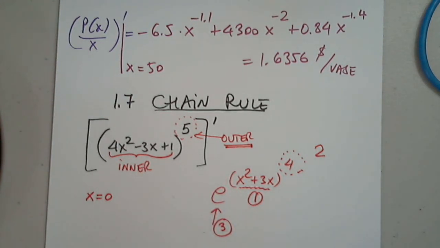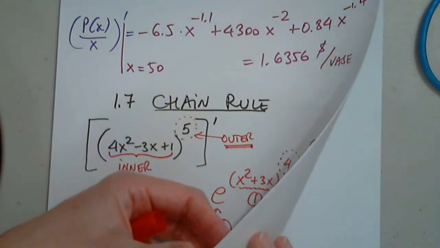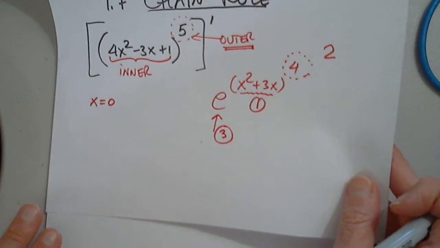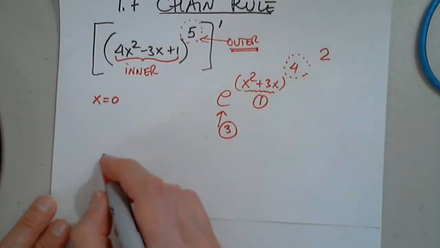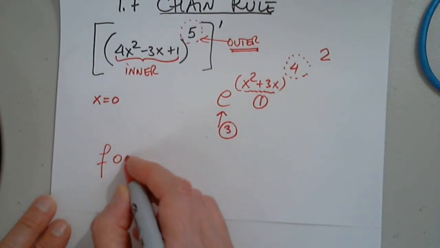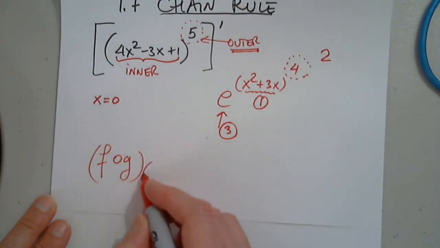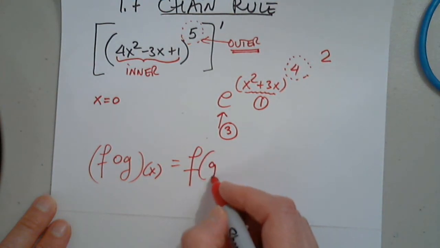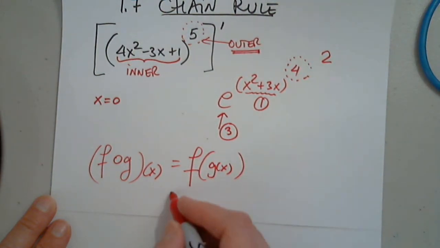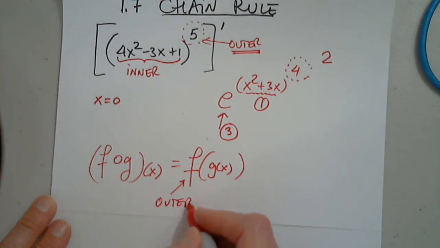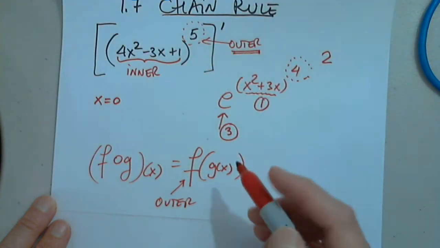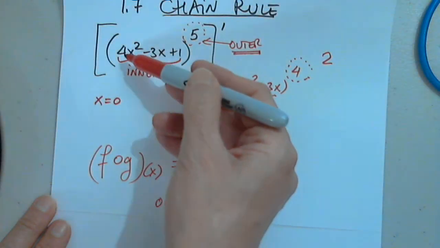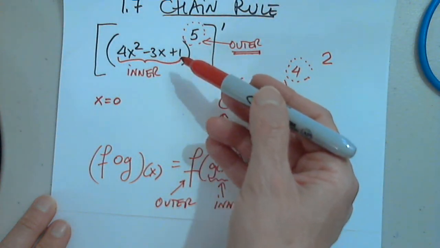Okay, what do we do with this? Once we establish which one is the inner and which one is the outer, here is how we are going to differentiate a function inside a function. If you remember, we used to write it like this: f of g of x, which is f, the outer, g, the inner. Outer would be power 5 here, and the inner would be in my example 4x squared minus 3x plus 1.